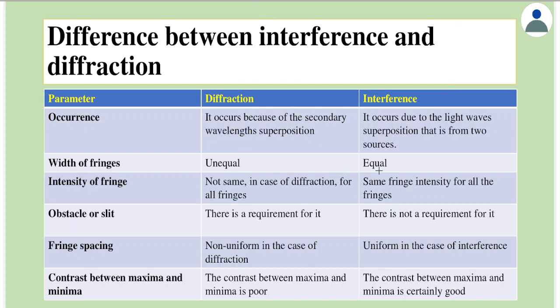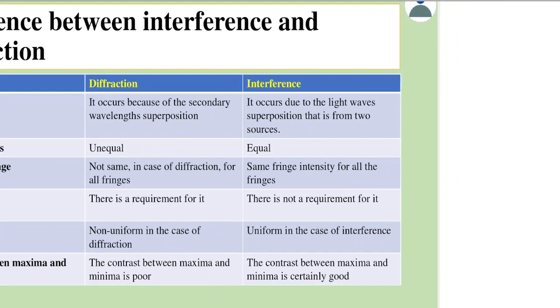While in case of interference, we can say it occurs due to superposition of light waves, that is, from two sources. If you recall Young's double slit experiment, there was a screen and there were two slits. Slits means narrow openings, and we had only one source, so even here we had only one source. Example, think of a bulb.